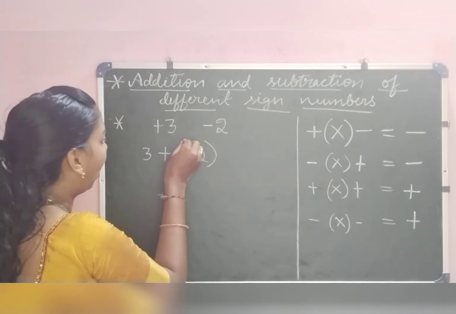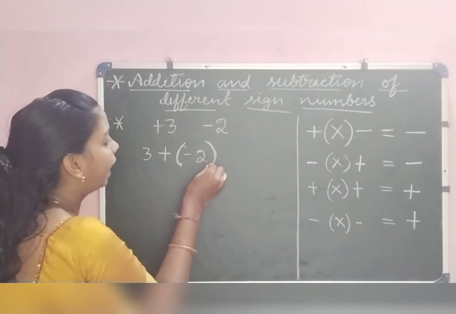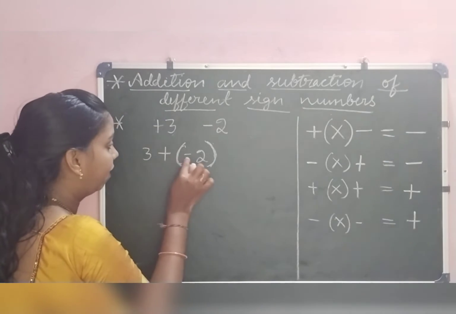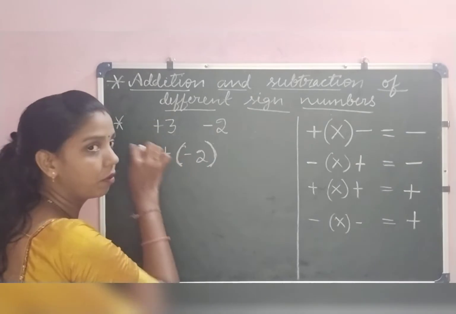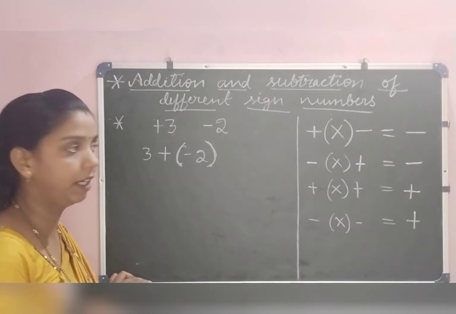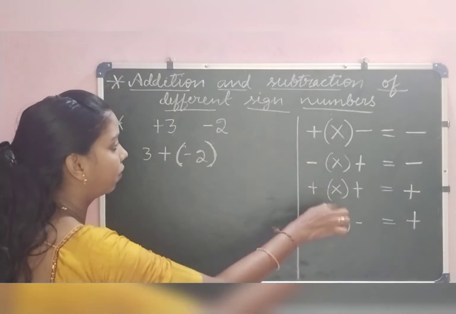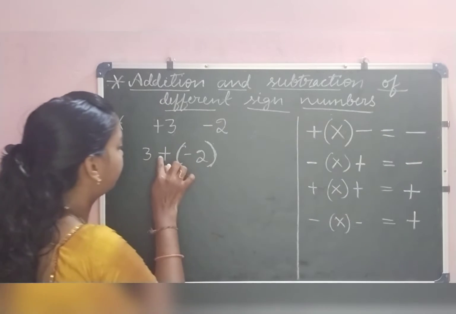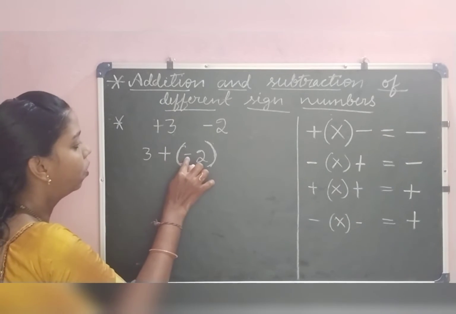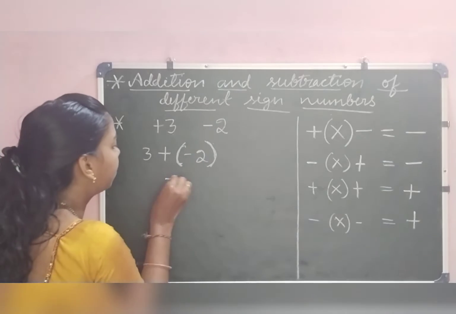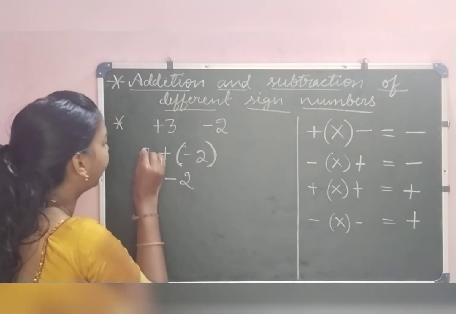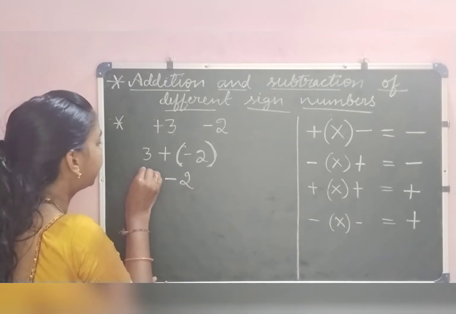When you apply the bracket, that indicates multiplication between the sign inside the bracket and the sign outside of the bracket. As I explained, plus into minus is minus. So plus into minus is a minus sign. So -2, and this is 3, that is +3.